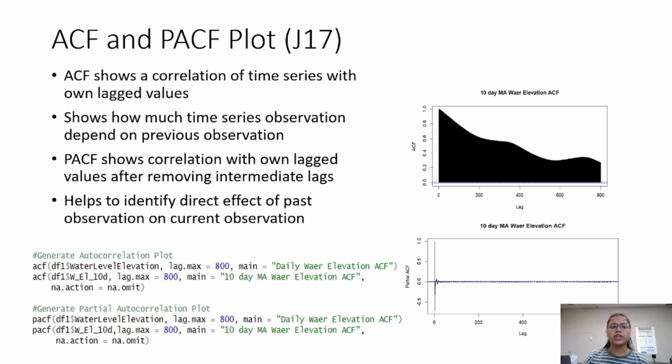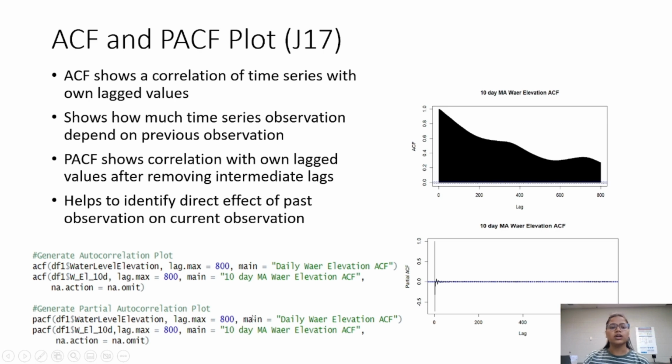The autocorrelation plot shows how much our observation depends on the previous observations, and the PACF gives the effect of past observations on our current observation.